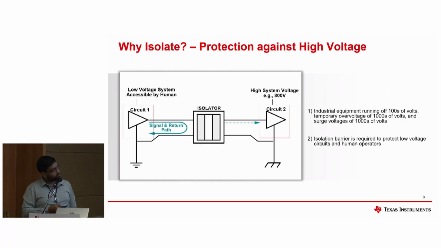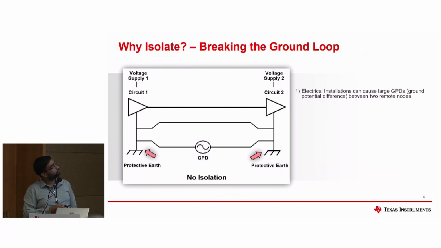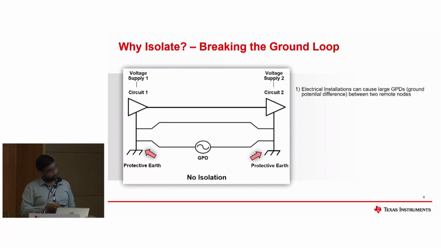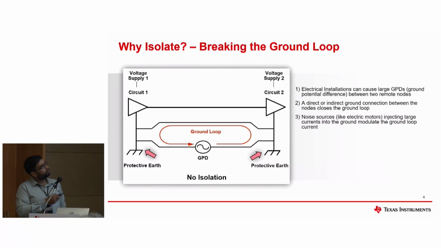The second, where it's more interesting, is the ground loop. Now this is the long-distance multi-node communication that I was talking about. When you have a ground potential difference between two nodes, this affects the signal integrity on the signal line.